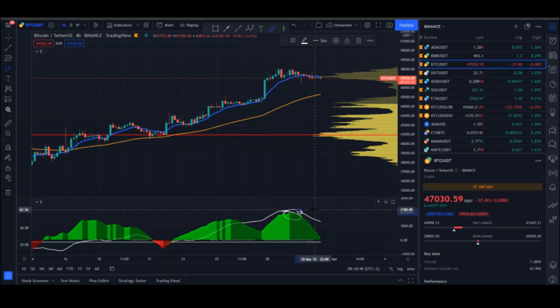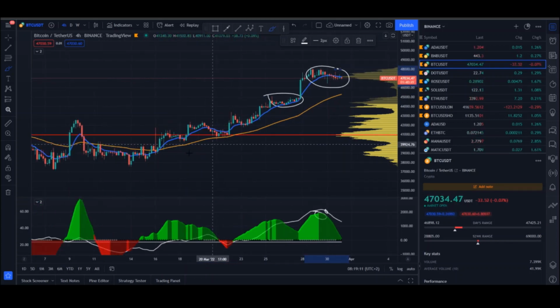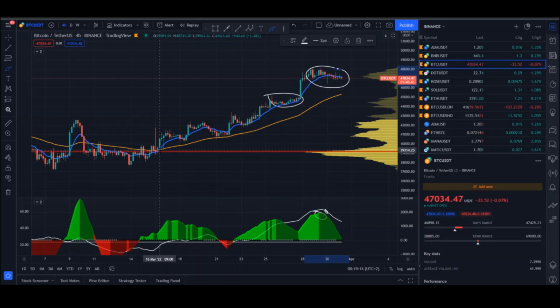With this pattern in 4 hours, with a bullish trend in 1 day and in 1 week projections, here in 4 hours, Bitcoin normally makes pauses like this, or in the worst scenario, Bitcoin will fall and try to make a pullback to the average line like this, and like this.